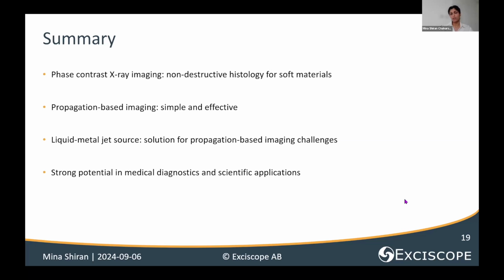Software and hardware requirements were discussed: our solution for the hardware would be a liquid metal jet source, and of course the software is quite important, especially the phase retrieval algorithm, which has a lot of importance and can add a lot of value to the result that we receive. And we also discussed how phase contrast imaging can provide a different type of information and help researchers in different areas, specifically biomedical imaging and biomedicine.